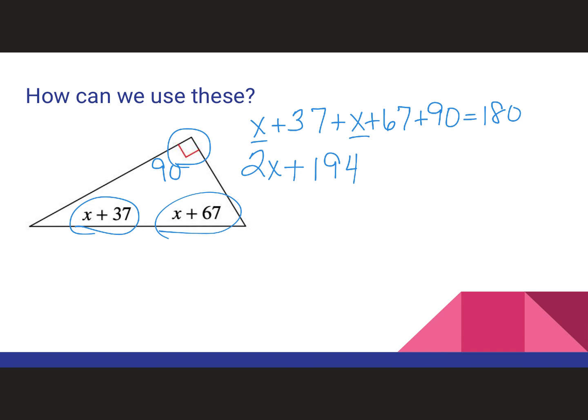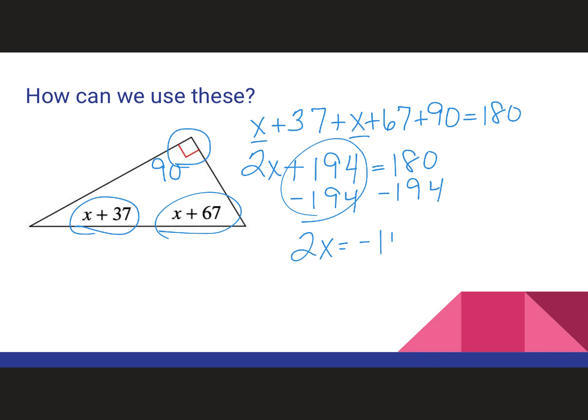So I have 194 there equals 180. I'm going to subtract 194 from both sides. I get 2x equals negative 14. Divide both sides by 2. I get x equals negative 7. There we go. Not too bad.